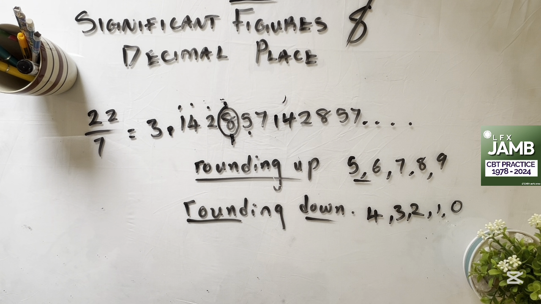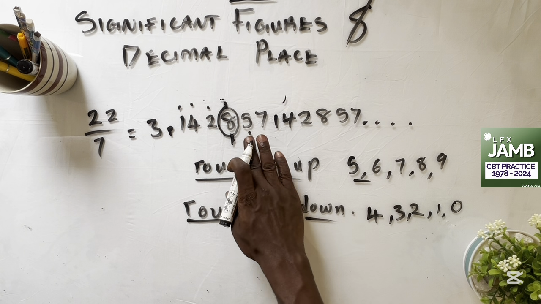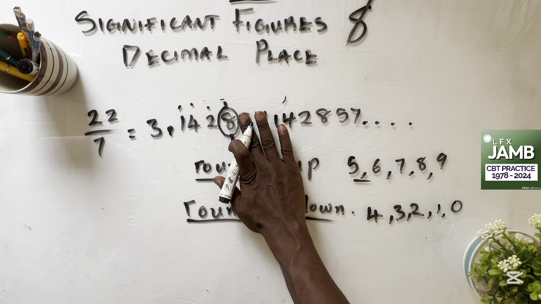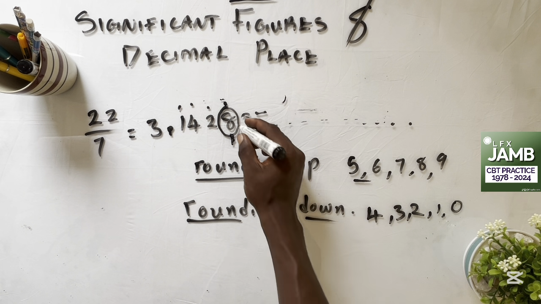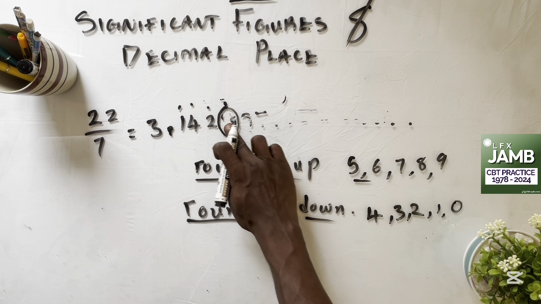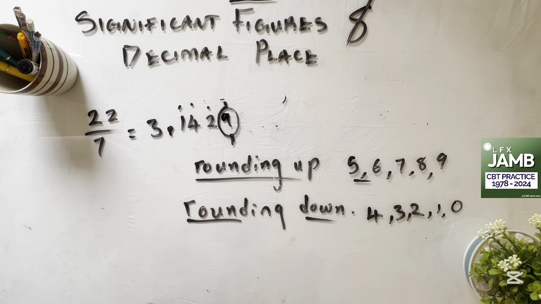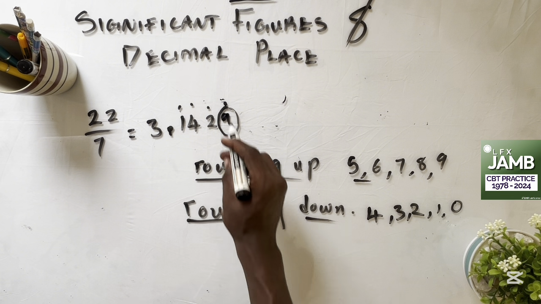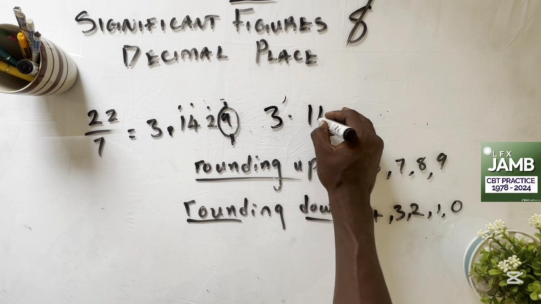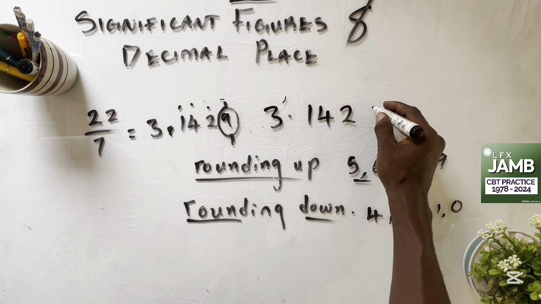If it is from 5 to 9, we round up. Round up means we discard everything here and add 1 to this. That will be 9. So we have 3.1429 to 4 decimal places.